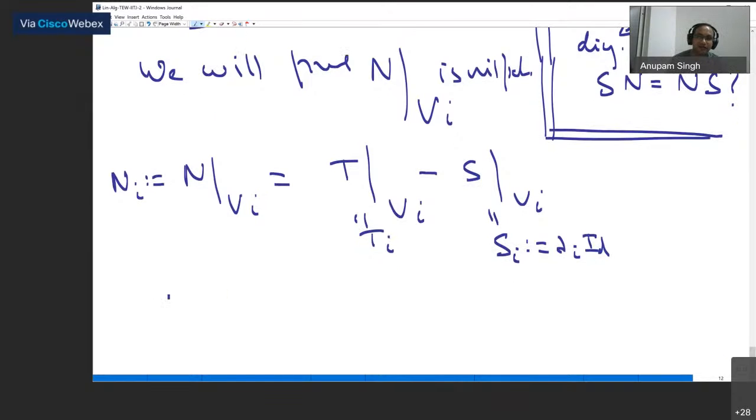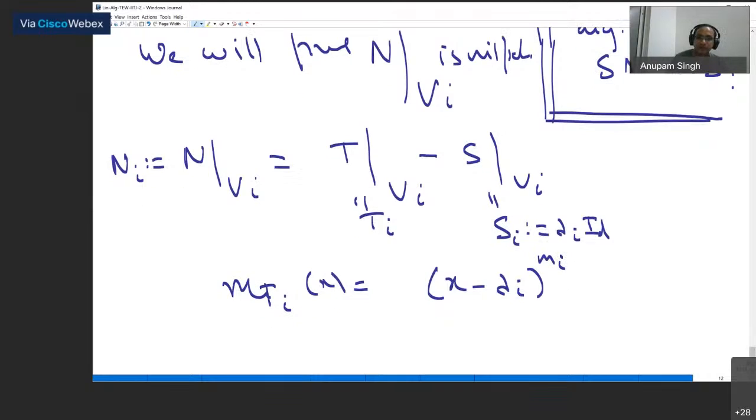So you see that the minimal polynomial of Ti was supposed to be x minus lambda i to the power mi, right? And if I substitute in this thing here, let's say T, then you will get here Ti minus lambda i.